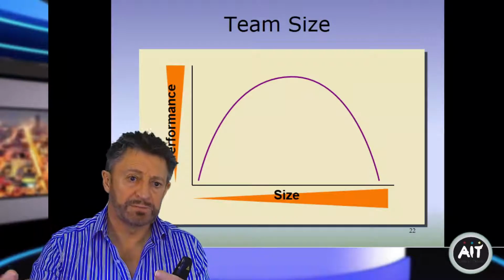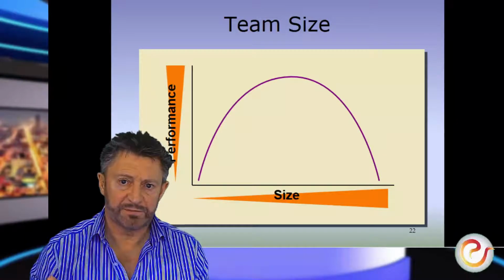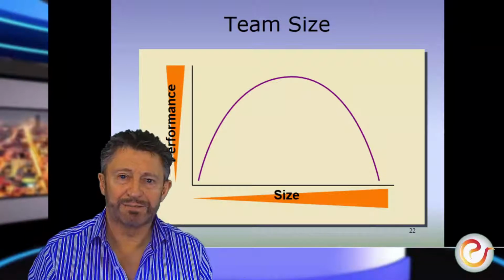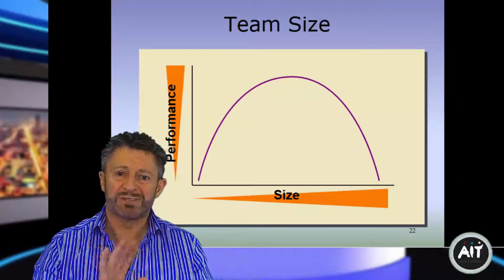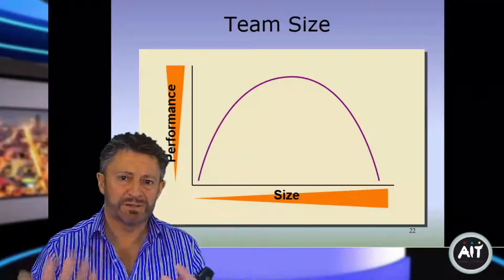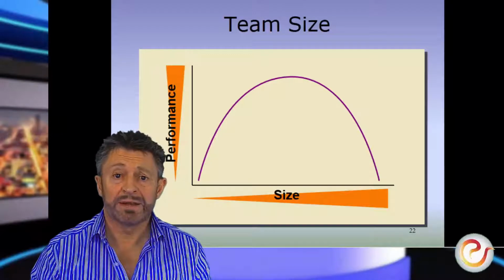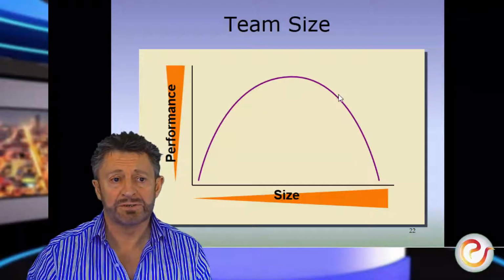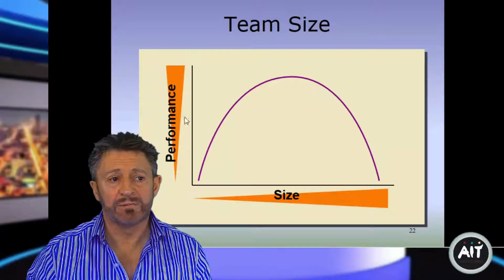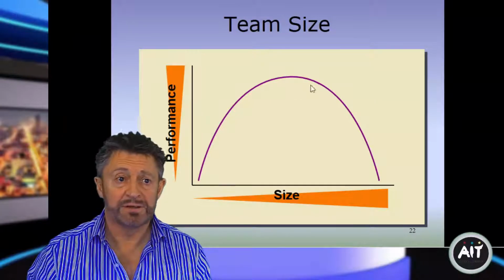So if you have 30 people on a team with very different backgrounds, God help the poor team leader, because he has so many different types of relationships and different perspectives to understand. It doesn't work. And that's where you get this diminishing returns. So in larger teams, the performance begins to drop off, essentially.